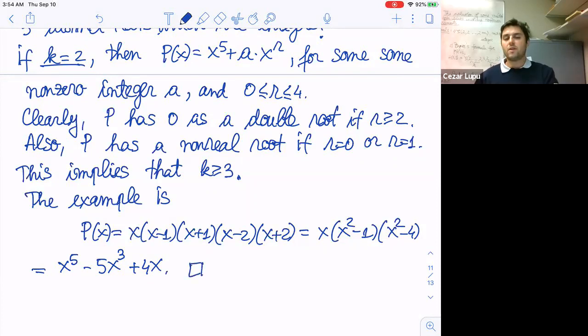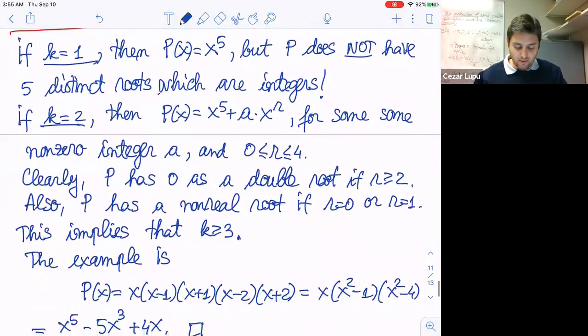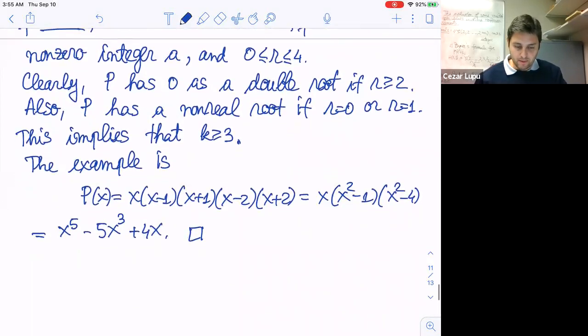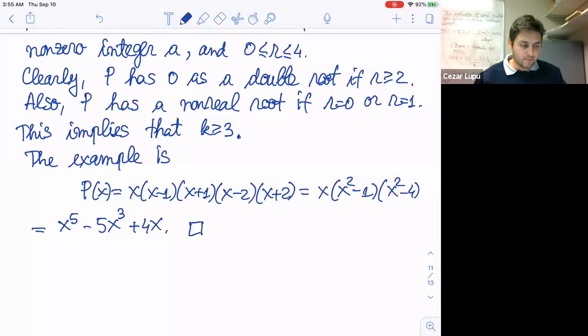Anyway, this was a very easy problem. You just had to inspect what happens for k equals 1, k equals 2, and then you'll realize that k equals 3. So k equals 3 is the answer we're looking for.